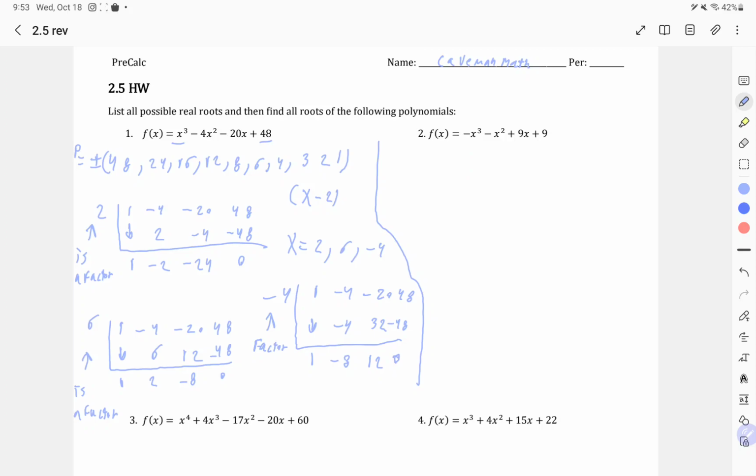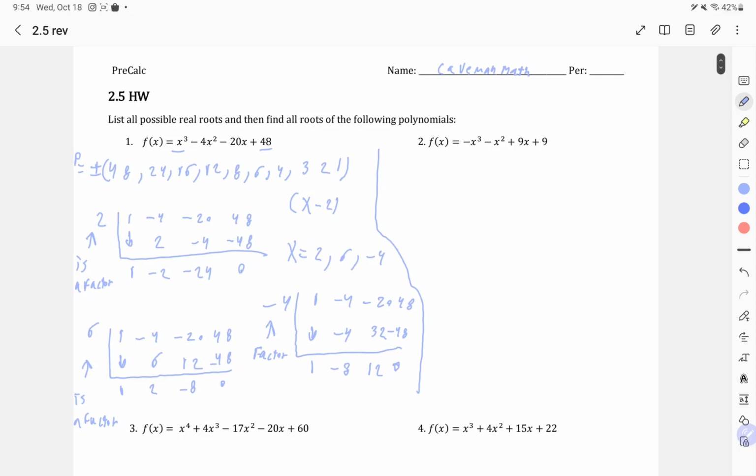We have negative x to the power of 3 minus 2x minus x to the power of 2 plus 9x plus 9. All right. Let's find the possible roots, right? So we're using the rational root theorem. As you know, it is constant over leading coefficient.